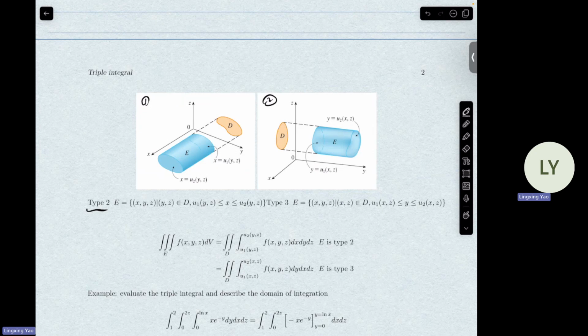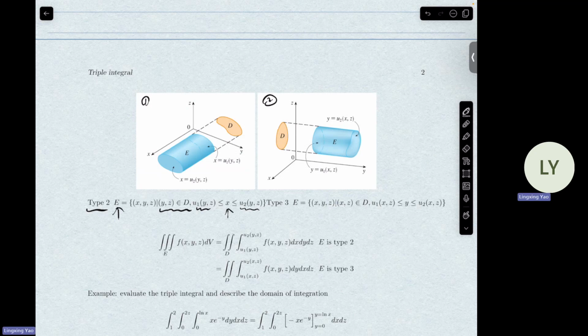Again, let's look at this so-called type 2. We project this E region onto the YZ plane, as illustrated in the left panel above. We can see the x variable has a lower bound and upper bound determined by the two variables y and z.